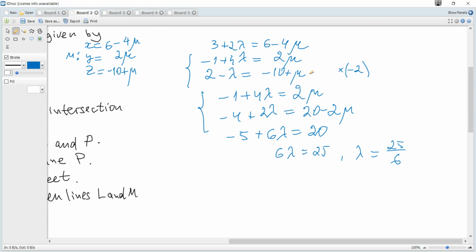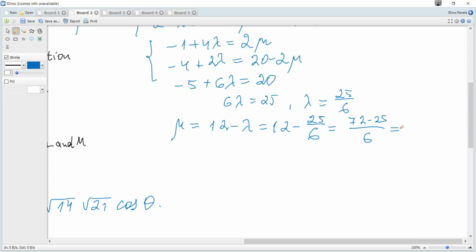For example from the third, mu is 12 minus lambda, and it becomes 12 minus 25 over 6, and it's 72 minus 25 over 6, it's 47 over 6.